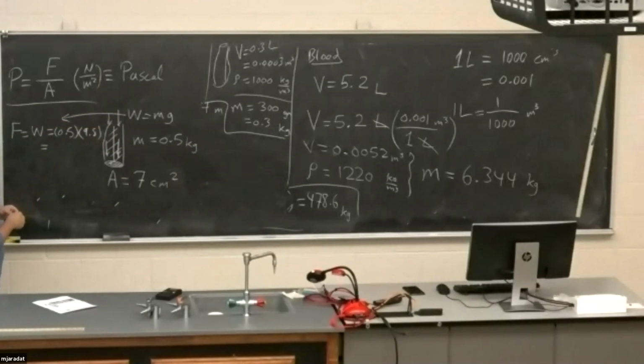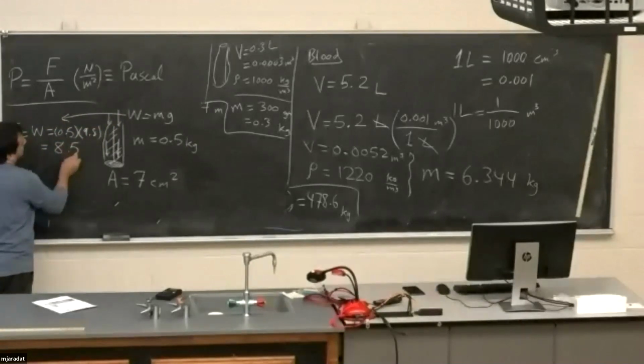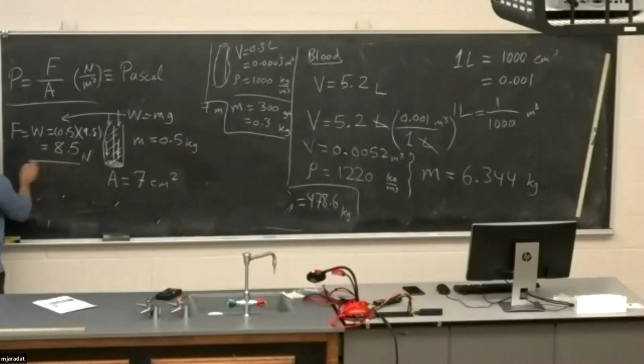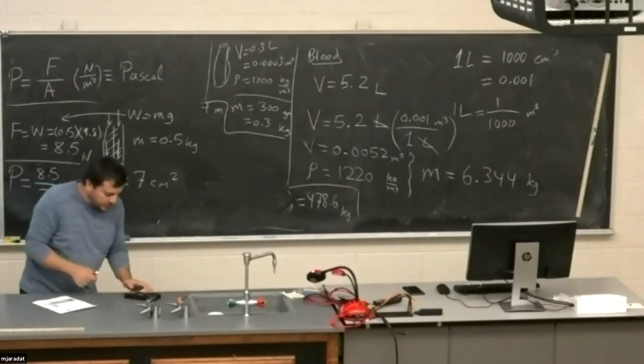It is equal to 4.9 I think, Newtons. Now, what is the pressure? It is equal to the force over the area, 8.5 over 7. So it is equal to 1 point something.